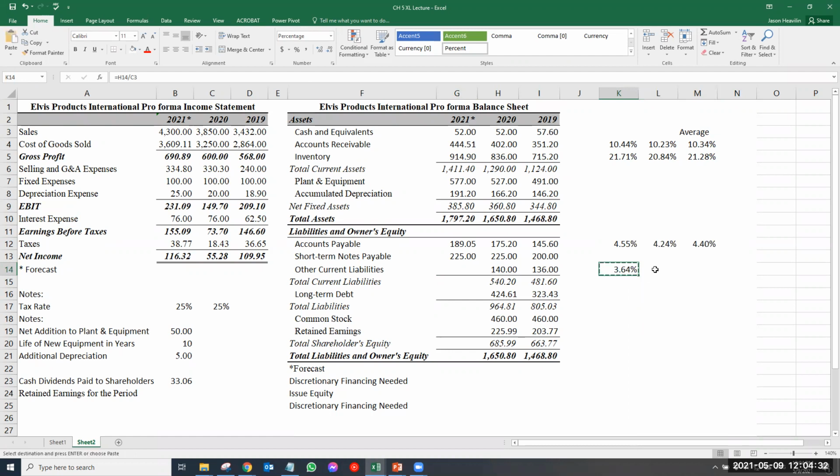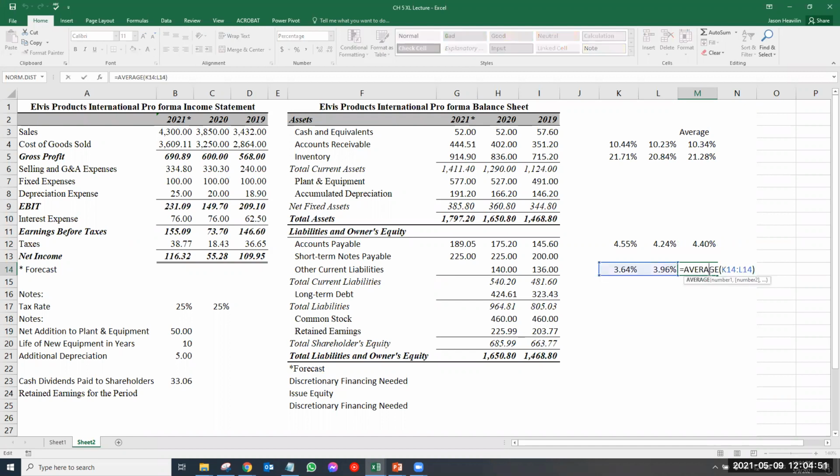I can copy and paste it, and it gives me the ones for 2019. And same thing here, I can copy, paste, and it gives me the average. Now we can use the sales projected for 2021 and multiply by the average percentage, and that is our projection for other current liabilities.